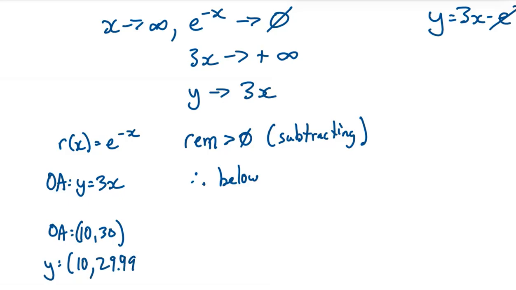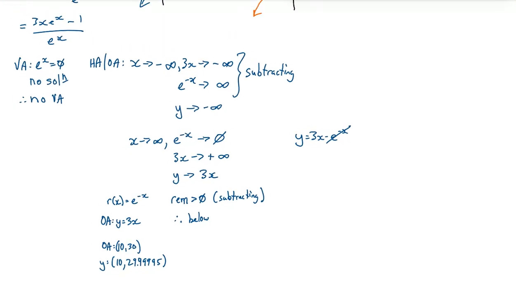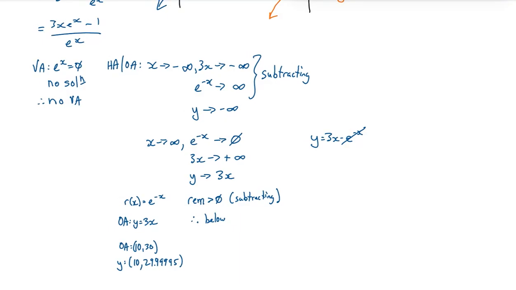Again, you could test it. 9999, I think it's 4 nines. You could punch a value into the oblique asymptote and into the actual function, the original function, and compare them, and notice that it's below. It's very convincing. In this case, it's easier when it's not negatives. Negatives makes it harder. You just have to think a little bit more carefully. Okay, but in this case, you can tell for sure that it's below.